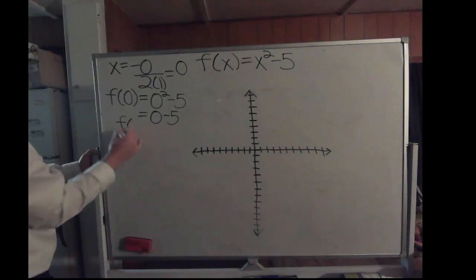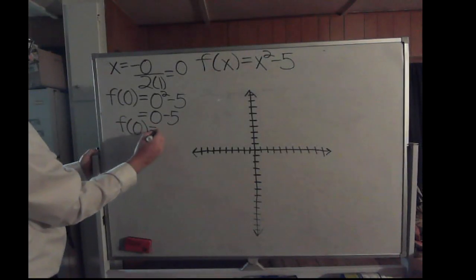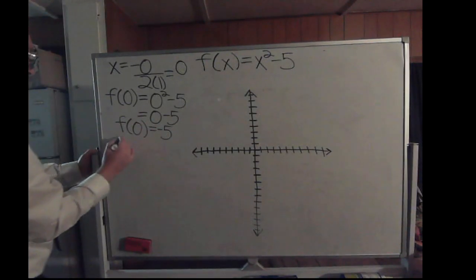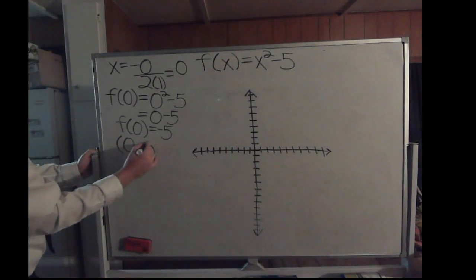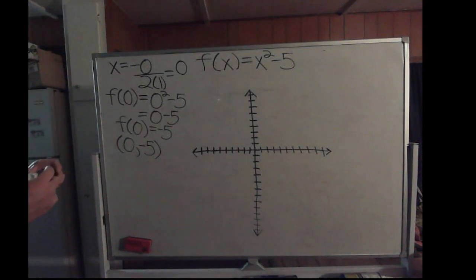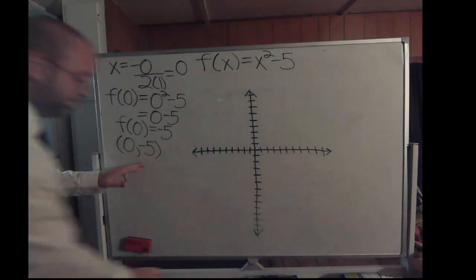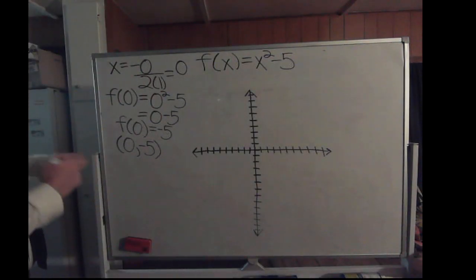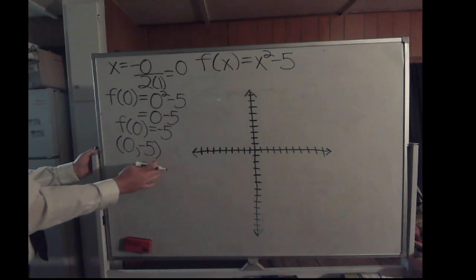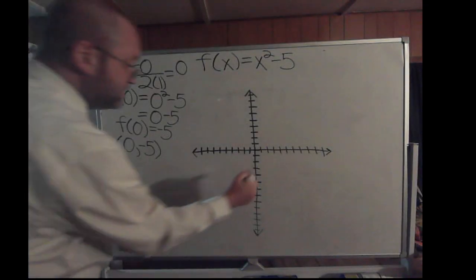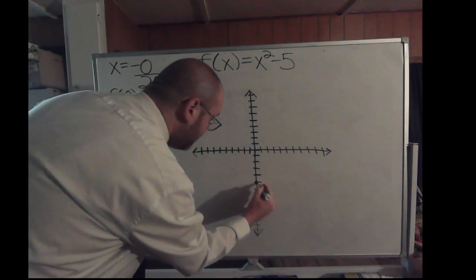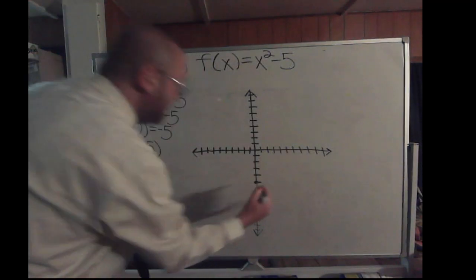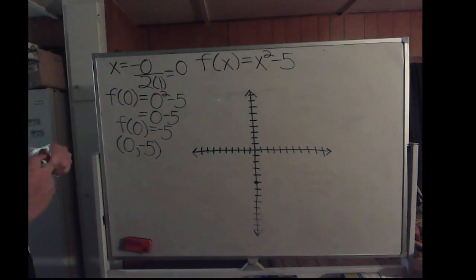So f of 0 equals negative 5. So the coordinate of the vertex is going to be 0, negative 5. So 0, negative 5 is the vertex of this quadratic graph. So 1, 2, 3, 4, 5. There's the vertex at 0, negative 5, excuse me.